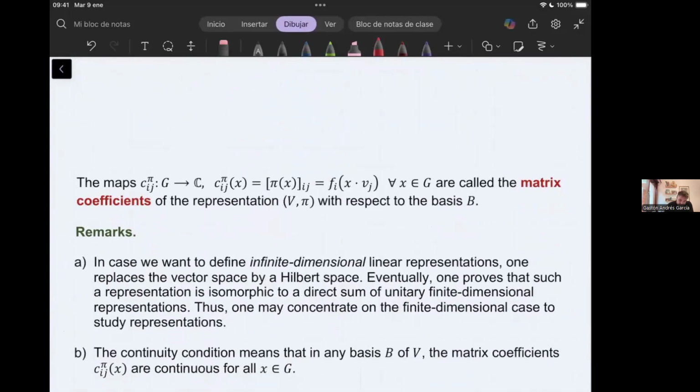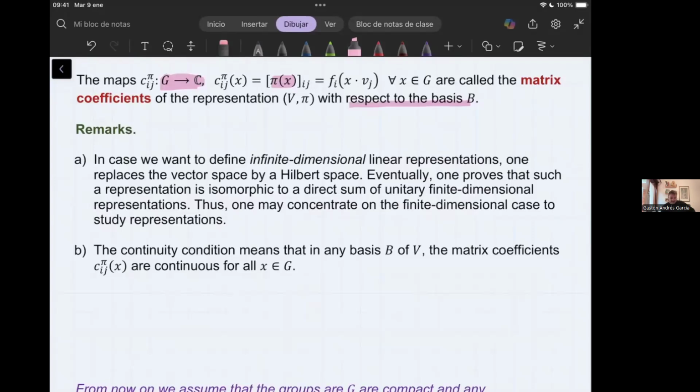So given a representation, we fix a basis, and we take the matrix in this basis, and for any i, given as the row, and j, the column, we pick the coefficient of the formula, and this gives us a function from G to C, and this one is called the matrix coefficient, of course with respect to a basis B. Yes, we fix the basis. So every time we fix a basis, we have matrix coefficients. We change the basis, we have other ones.